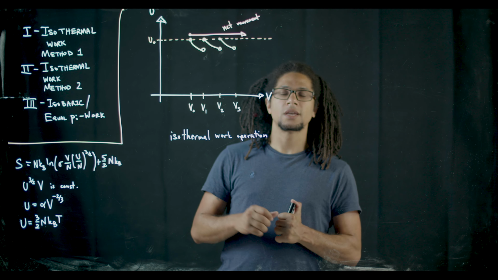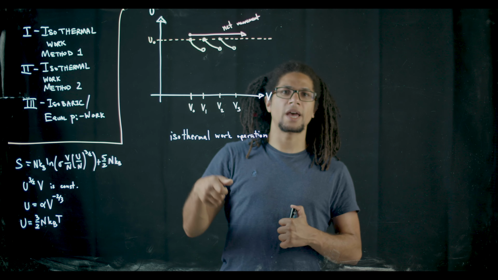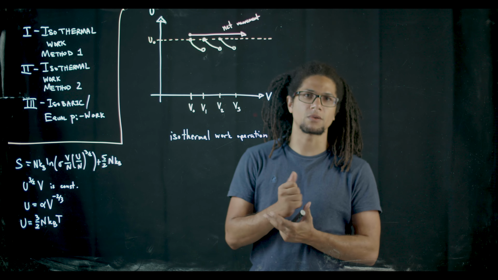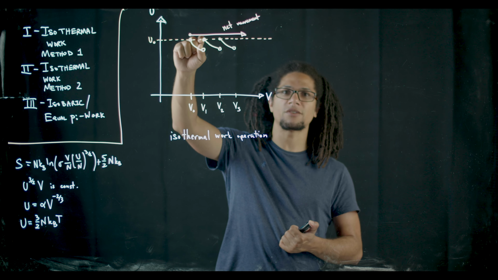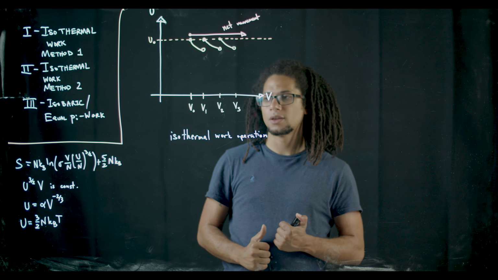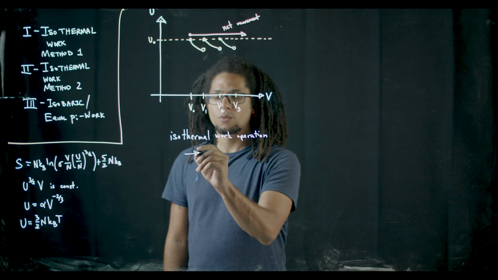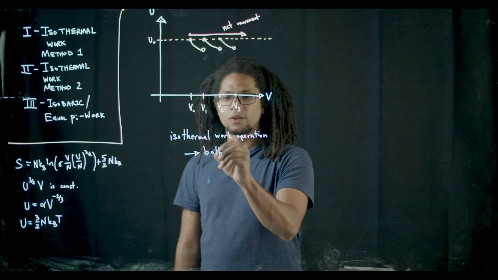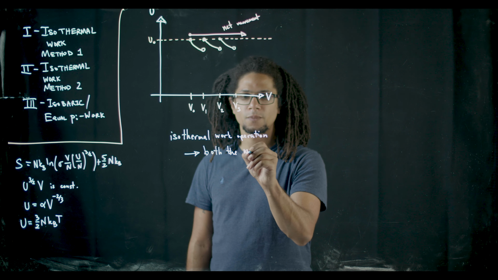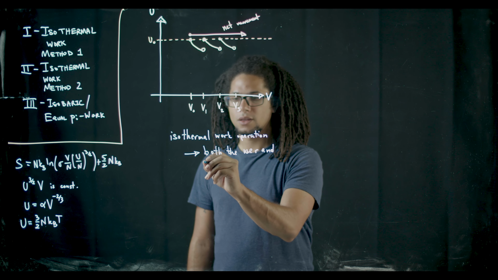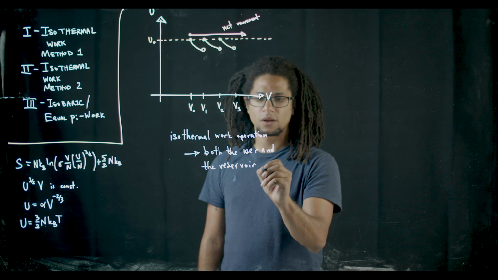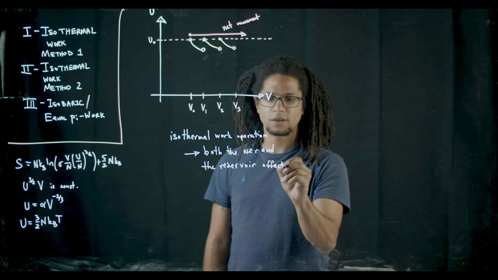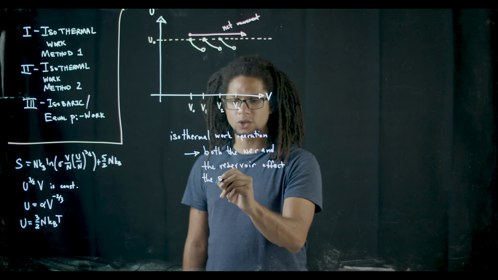But in any case, the reservoir comes and it doesn't do work on the system because we don't have that notion, but it does change the system's internal energy, as we see by the fact that it jumps on this vertical line. So both the user and the reservoir affect the system's internal energy.